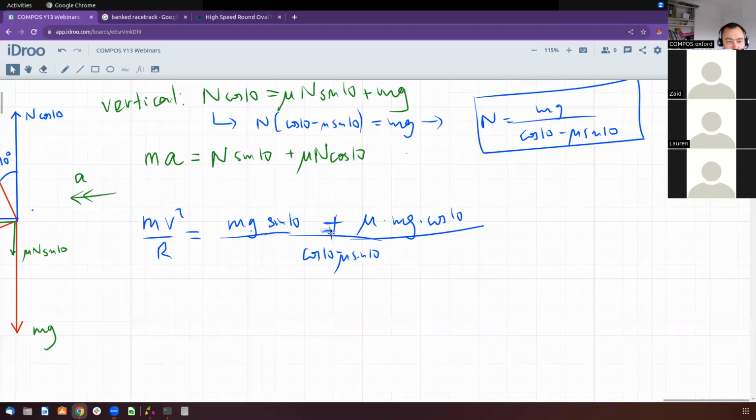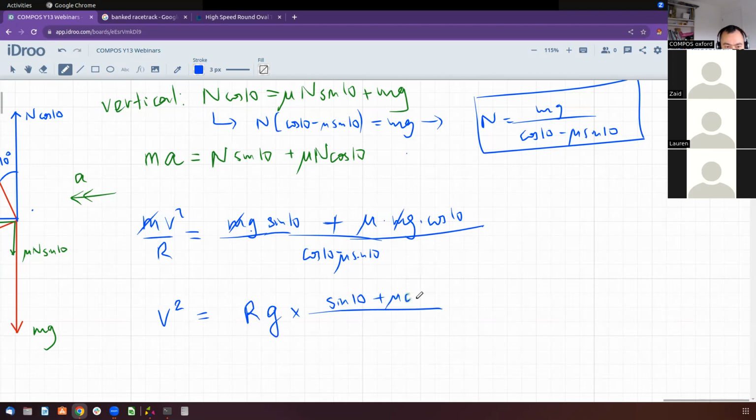And now m cancels. And you have V squared is equal to R multiplied by g multiplied by sine 10 plus mu cos 10 divided by cos 10 minus mu sine 10. All right, so V is equal to the square root of that.